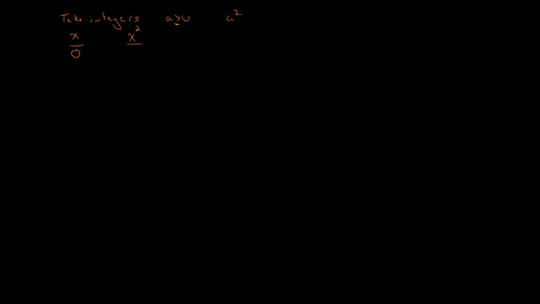So 0 times 0 is 0. 1 squared is 1. 2 squared is 4. 3 squared is 9. 4 squared, 4 times 4, is 16. I'm just going to continue, where we write some number and multiply it by itself.